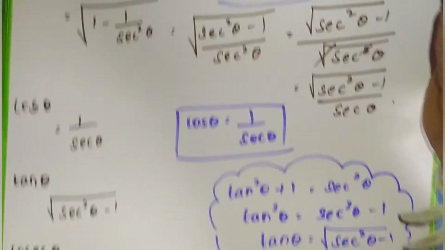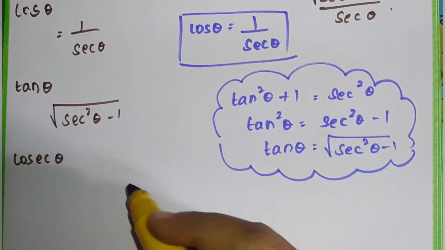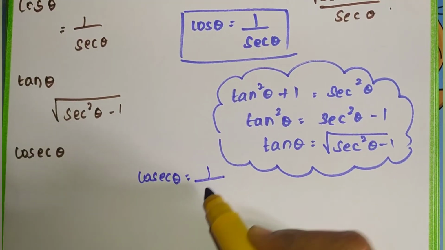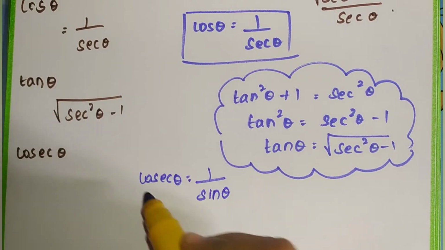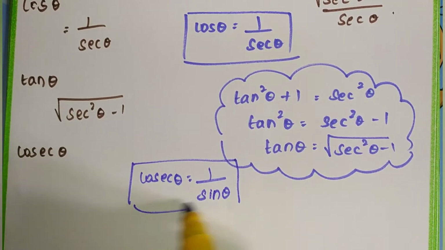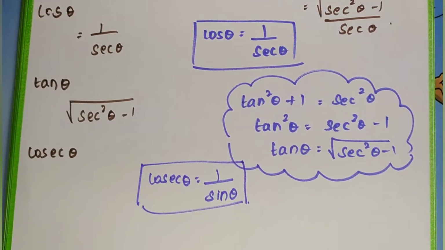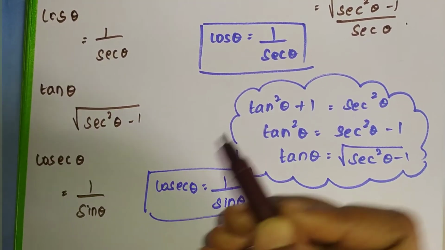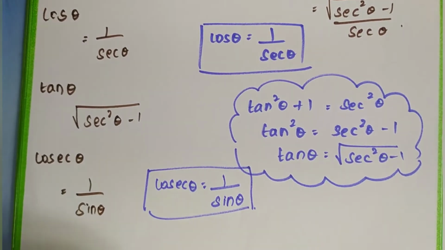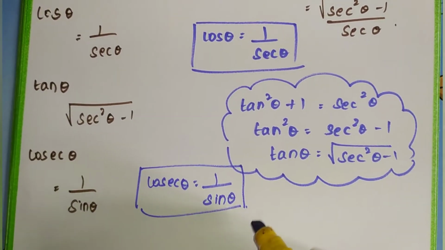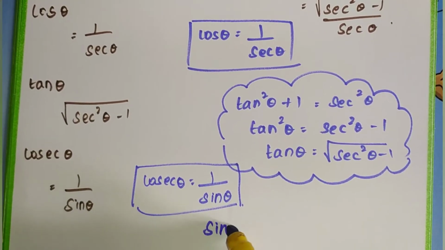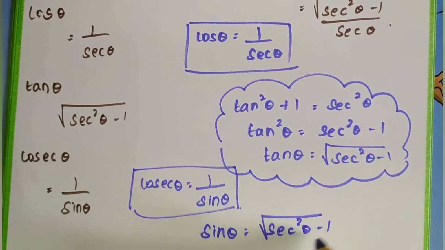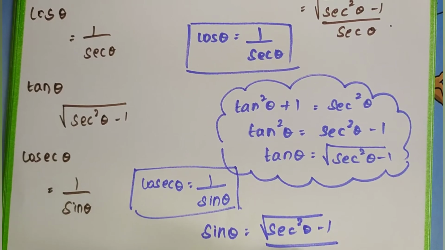Reciprocal formula is cosecant theta is equal to 1 divided by sine theta. I am going to apply here that it is 1 by sine theta. So in the first subdivision, what we proved? That sine theta is equal to root of secant square theta minus 1 divided by secant theta.